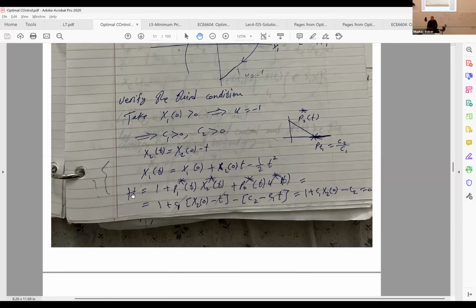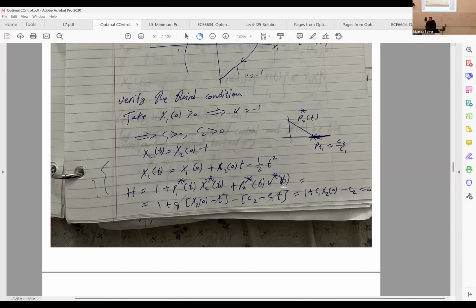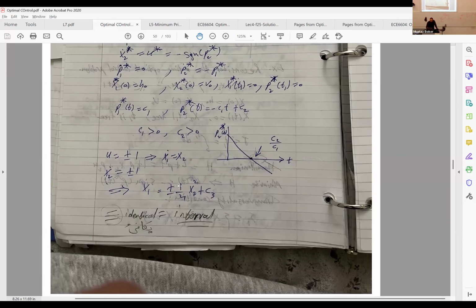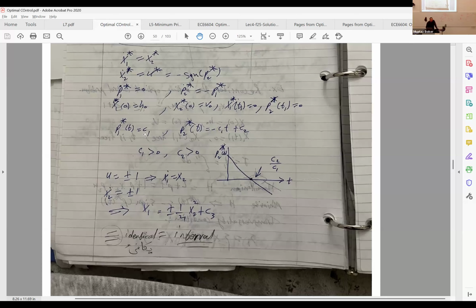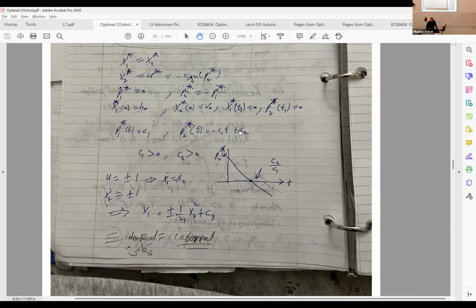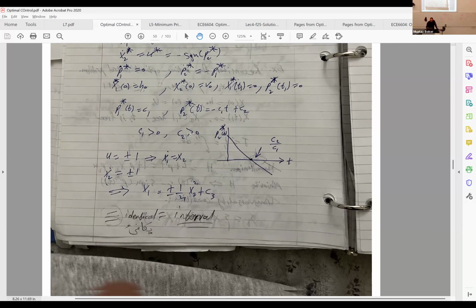The Hamiltonian is 1 plus P1 star X2 star plus P2 star U star. The equations for P1 and P2: P1 is C1 and P2 is minus C1 t plus C2. If you integrate these two equations, that's what you will get.